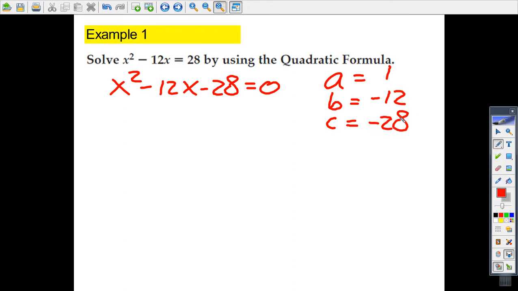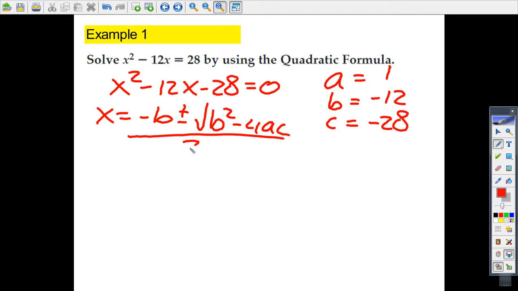Now it's just a matter of writing down the formula, plugging it in, and simplifying. So x equals negative b plus or minus the square root of b squared minus 4ac all over 2a. There it is. Okay, then plug it in. Let's see if you can do this part. No, like the whole thing, Xander.